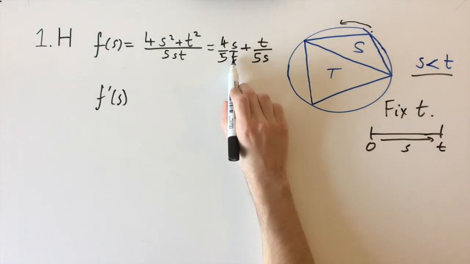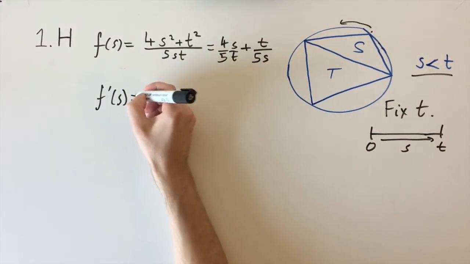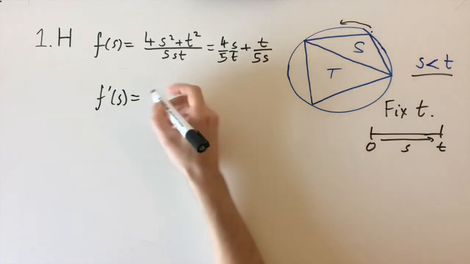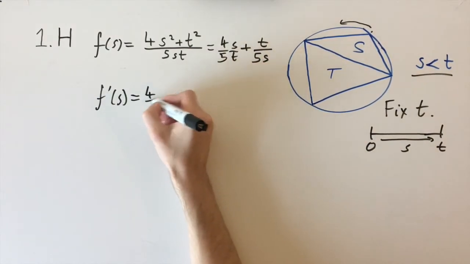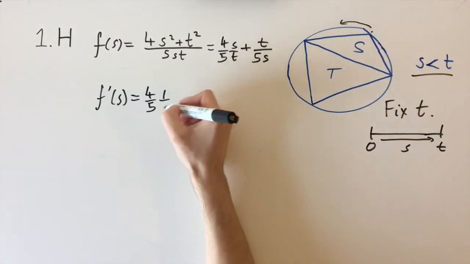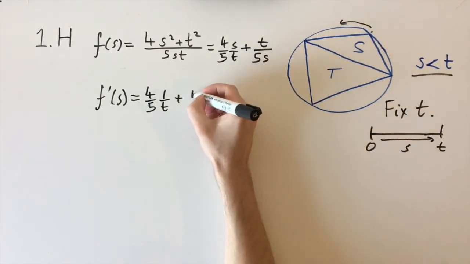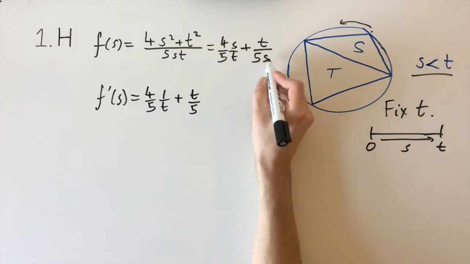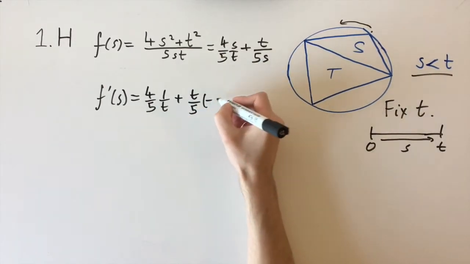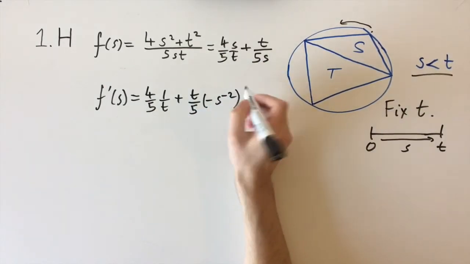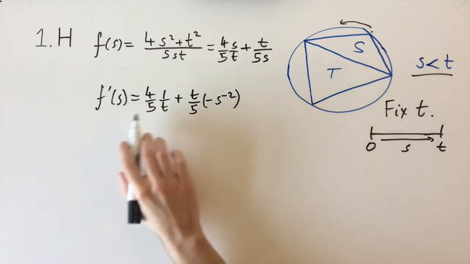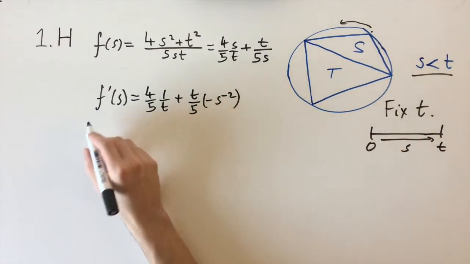Remember, t is a constant here, so s to the power of 1 differentiates to 1, giving 4 over 5 times 1 over t, plus t over 5, which is a constant, times the derivative of 1 over s, which is minus s to the minus 2. Now we want to set this derivative equal to 0 and find the solution.